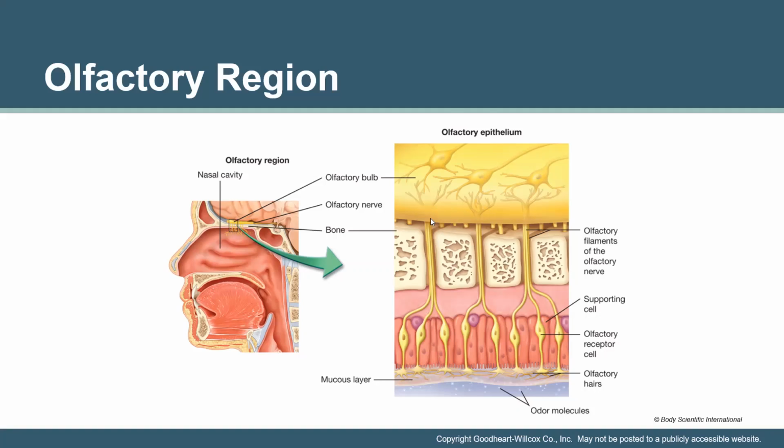From the bulb, we will have these olfactory filaments, little projections come off. Going to make their way through the lining of the nasal cavity and then have these olfactory hairs within the mucosal layer that lines this passage and cavity.